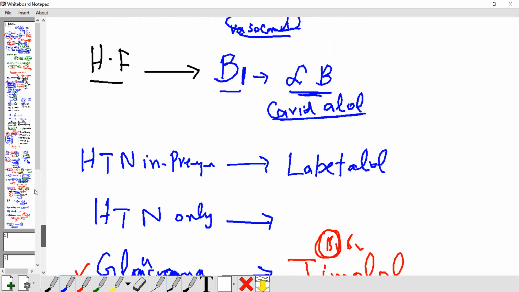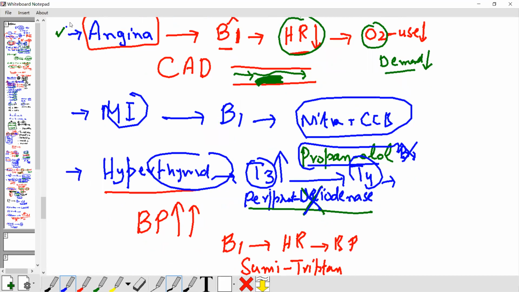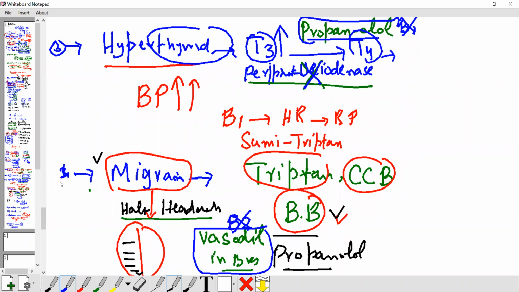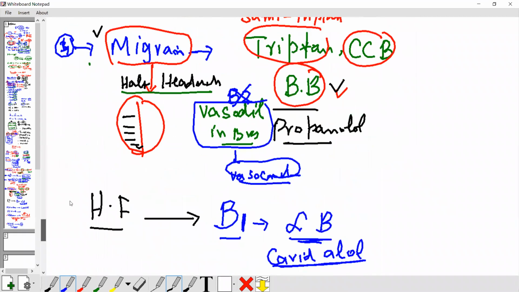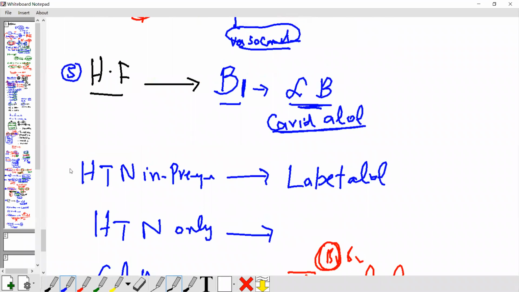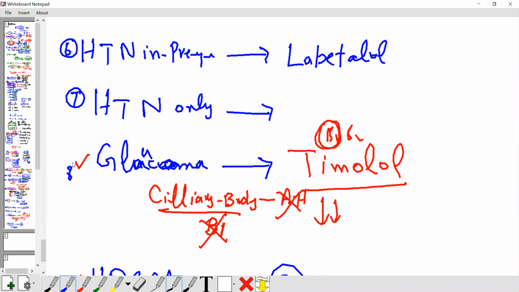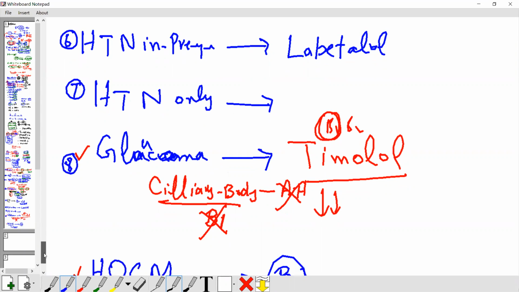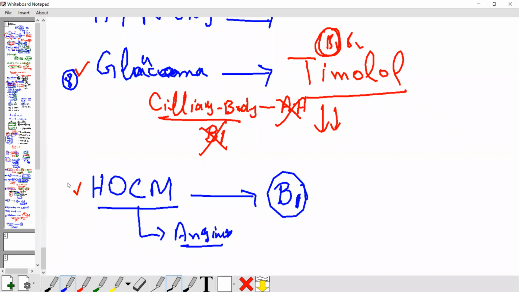So now we make the list here. Number one, you use it for angina, for MI, for hyperthyroidism, for migraine, for heart failure, for hypertension in pregnancy, for simple hypertension, for glaucoma, and for hypertrophic obstructive cardiomyopathy.